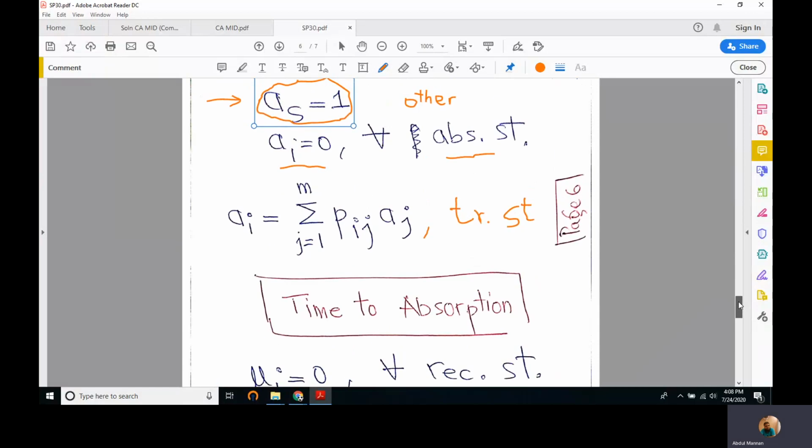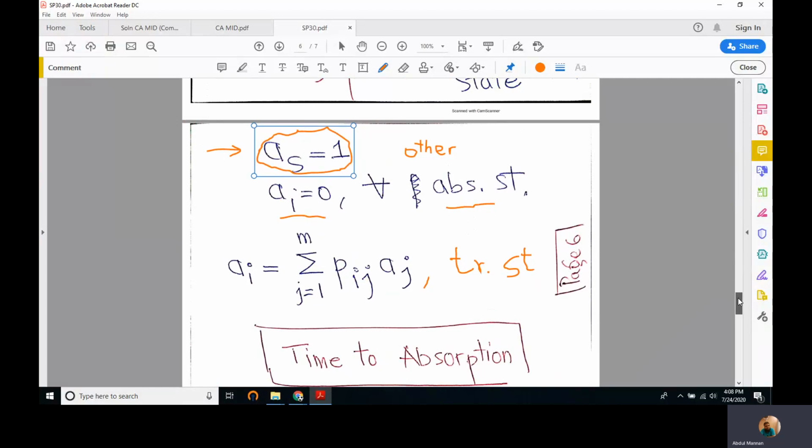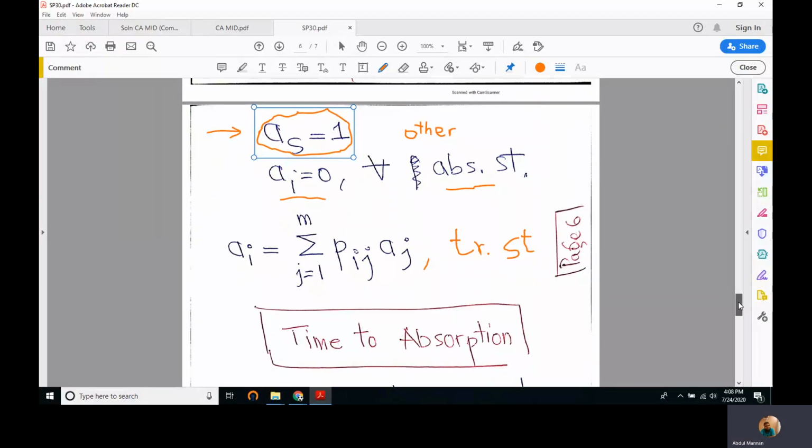Then we have to solve a set of linear equations that are independent, and then we can calculate A's for all transient states. Starting from any transient state, what is the probability of being absorbed in a given absorbing state for which we have set A equal to 1?